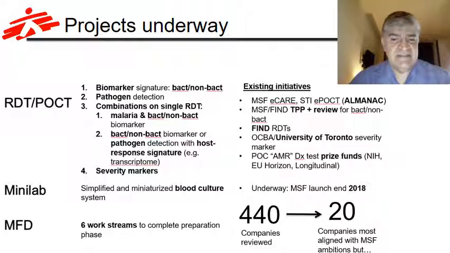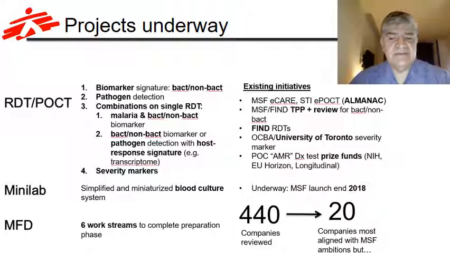Some initiatives already exist. One is from MSF in e-care, improving or using the almanac more at the hospital level. MSF and FIND are working on a TPP to differentiate between bacterial and non-bacterial infections.